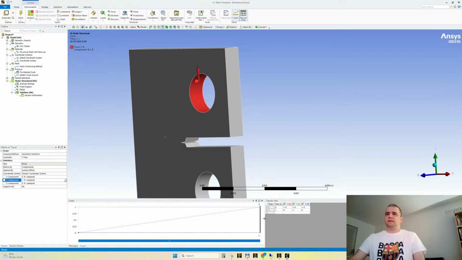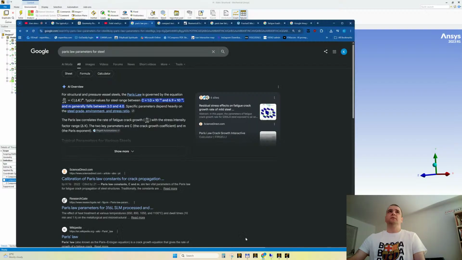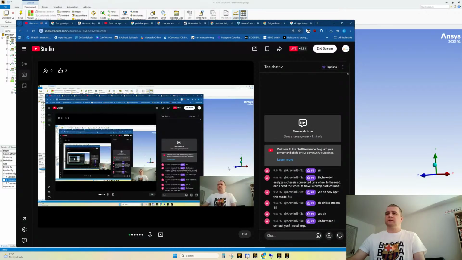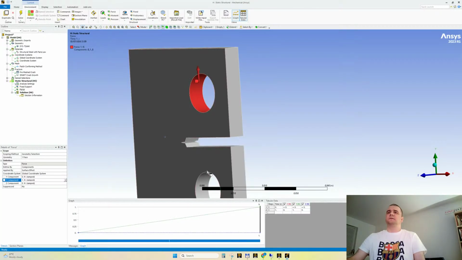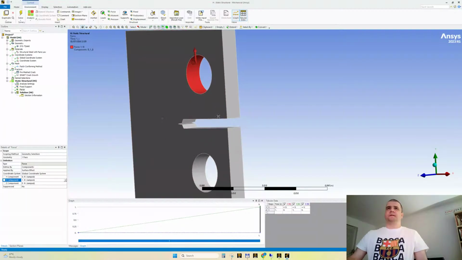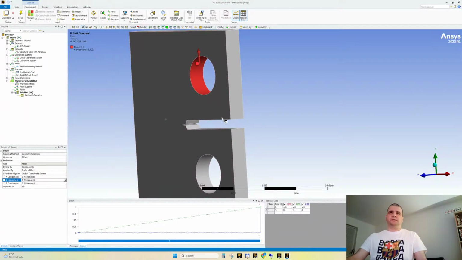Can you see the values? Not these ones, but these ones. Do you see? Yeah, you can see the values. So what I'm telling you is you need to tailor the force according to the geometry that you have.